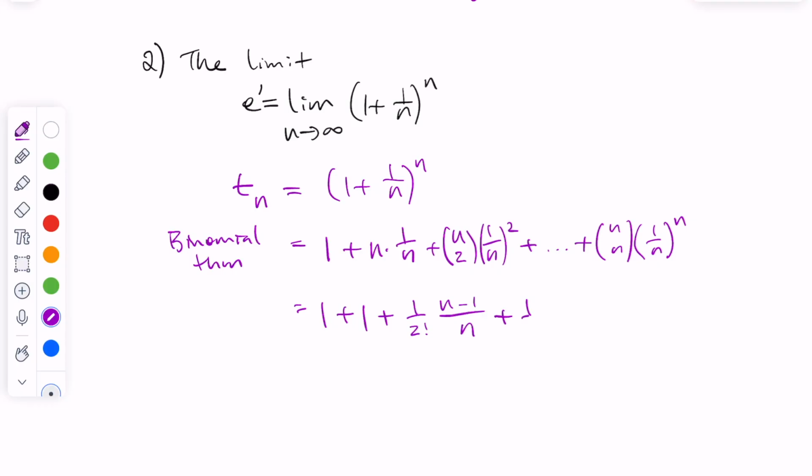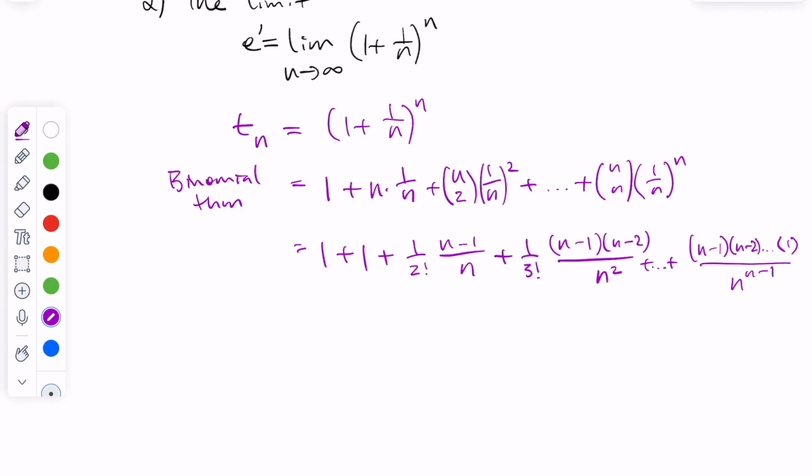The next term is going to be 1 over 3 factorial, and you have (n minus 1)(n minus 2) over n squared. And the last term will be 1, because that's n choose n, times (n minus 1)(n minus 2) up to 1, the last term, divided by n to the power n minus 1.